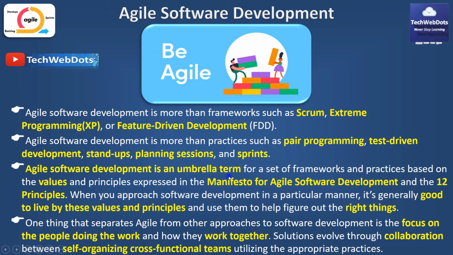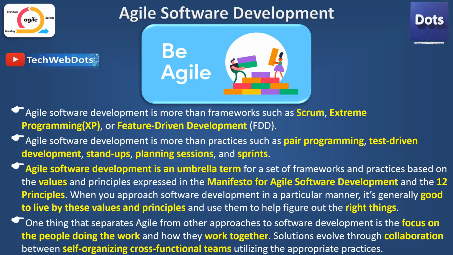One thing that separates Agile from other approaches to software development is the focus on the people doing the work and how they work together. Solutions evolve through collaboration between self-organizing cross-functional teams. This is a very important term: self-organizing cross-functional team. When we say self-organized, it means we are responsible, we take initiative, and we do the work. And when we say cross-functional teams, it means each team member is also aware of the important things required to touch the function.